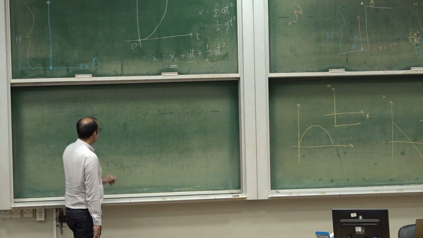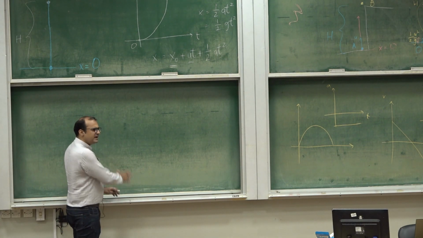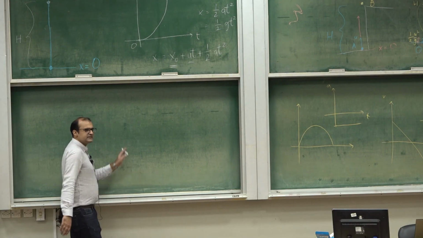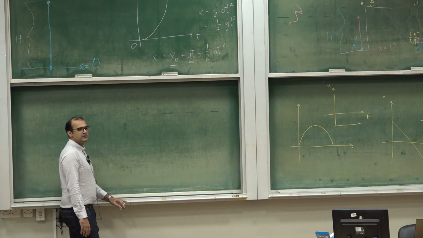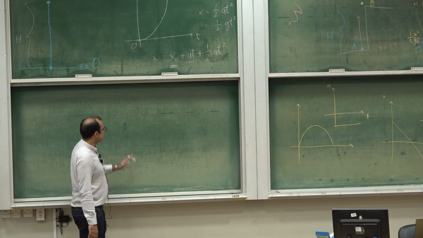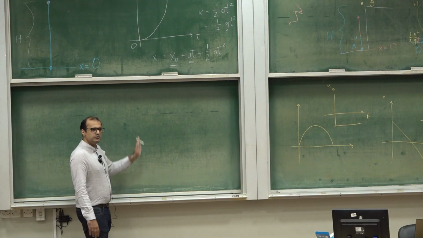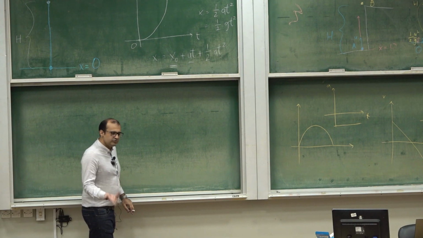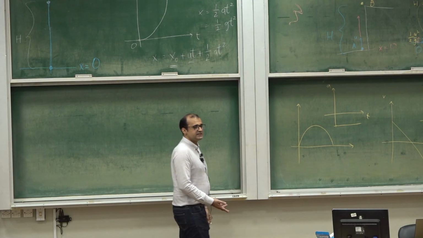Okay. So as a concrete example, imagine that you have the surface of this board and there's some insect that is crawling on the surface of this board. And I want to describe the motion of this insect. The insect, of course, can move left and right, it can move up and down. Okay, so how do I describe the motion of this insect?